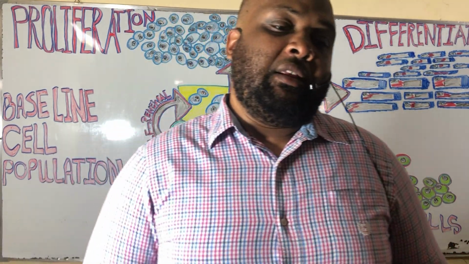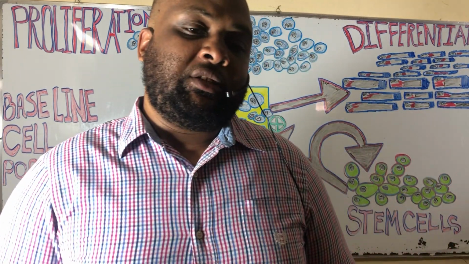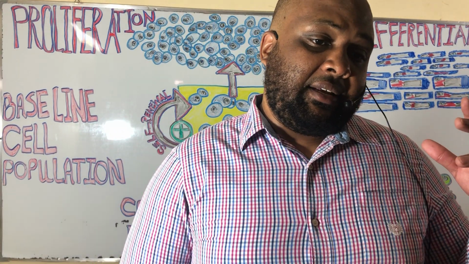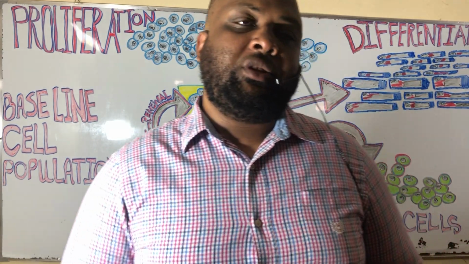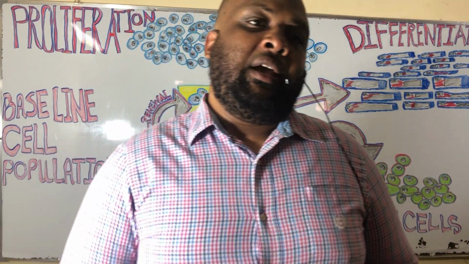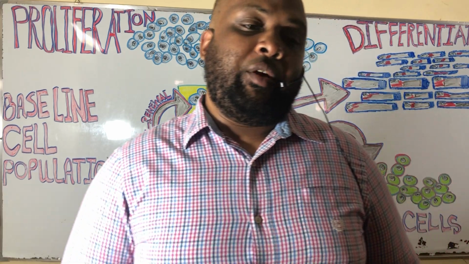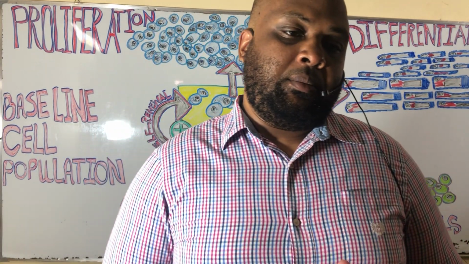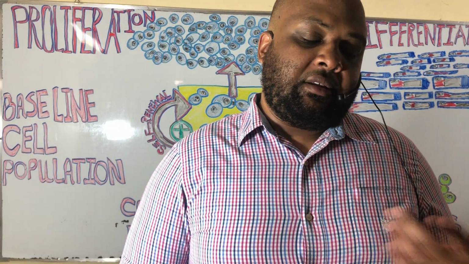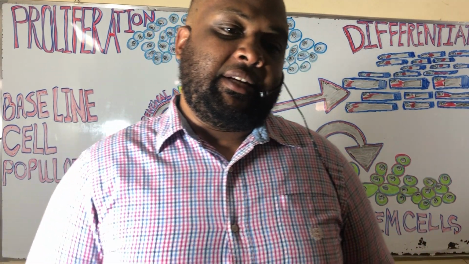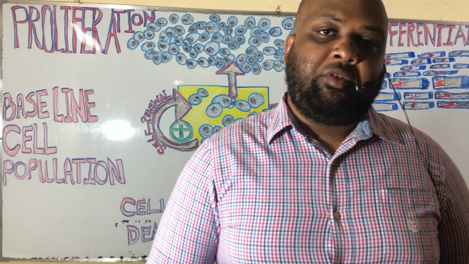But if the macrophages realize that the injury is not so deep and rather superficial and localized and very well contained, what happens is the macrophages would elicit healing by proliferation.